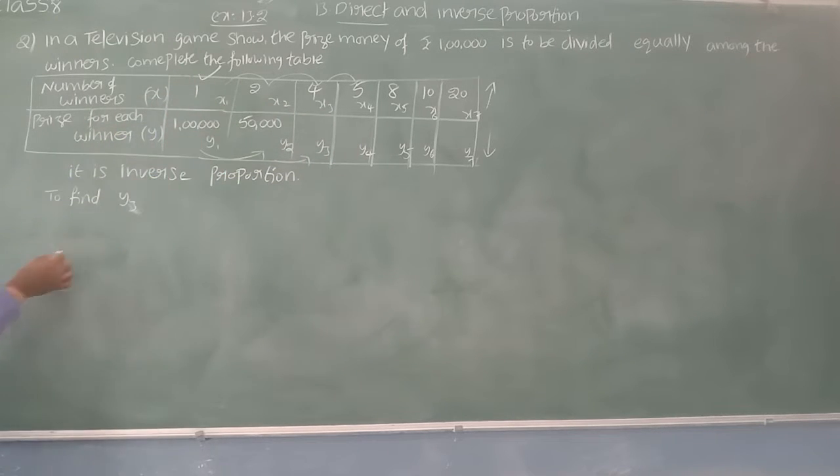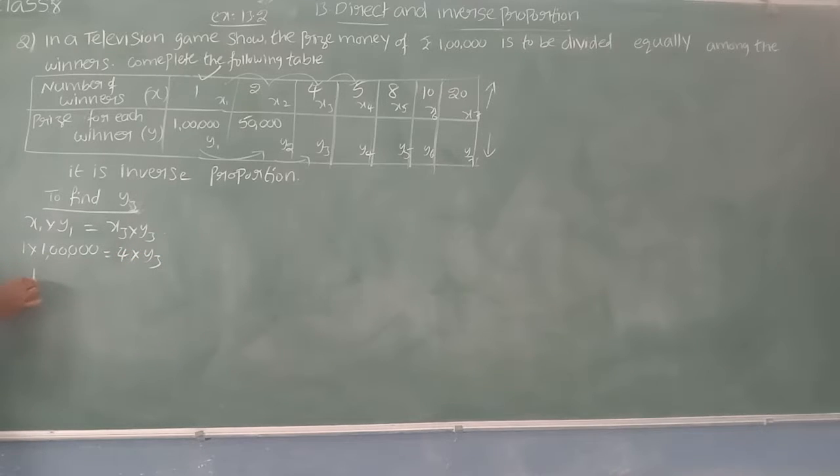x1 into y1. The product of corresponding values remains the same constant, is equal to x3 into y3. What is x1 into y1, beta? 1 into 1 lakh. 1 into 1 lakh is equal to x3, which is 4, into y3. We don't know y3, we have to find it.